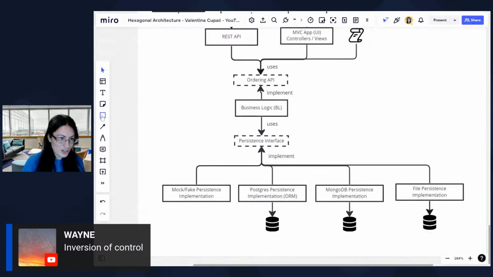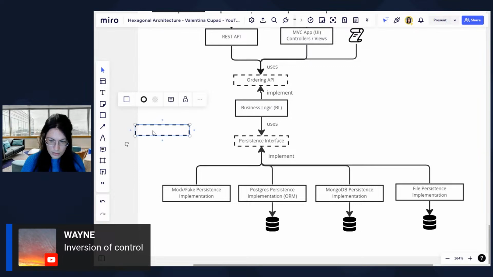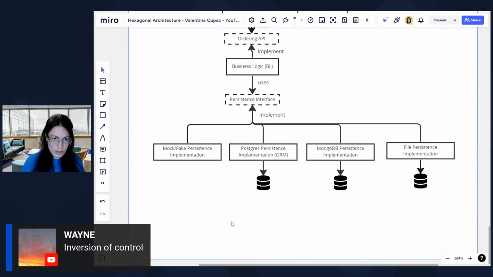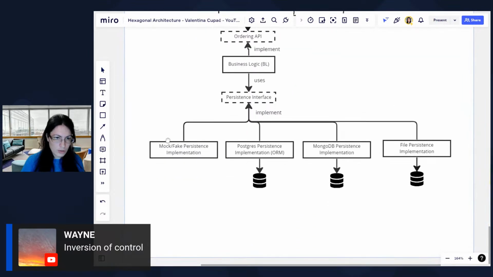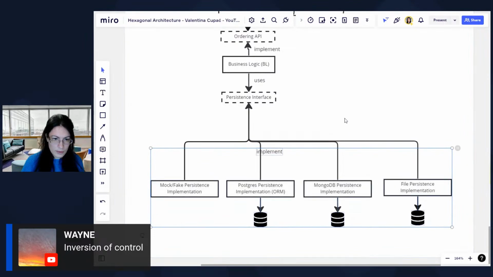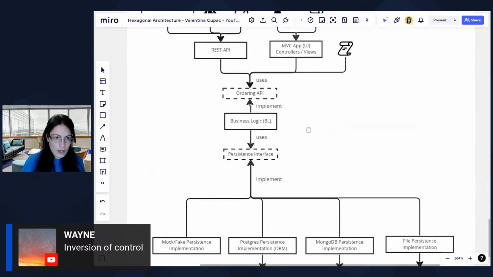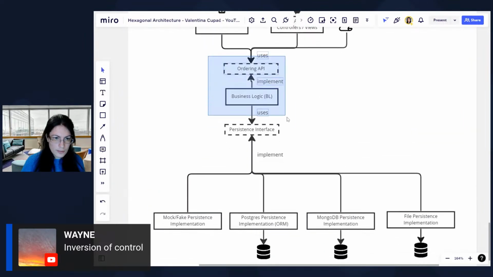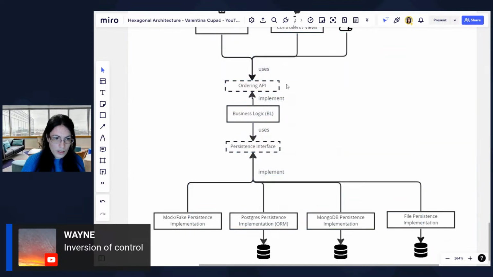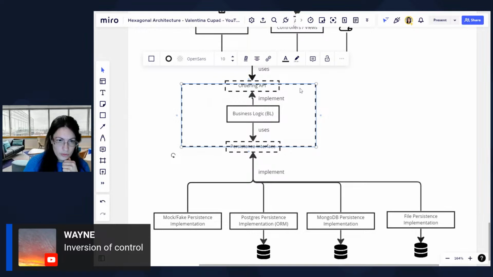So since I mentioned that comment, I do want to add something here just to distinguish the grouping of everything. Let me see. We end up with this kind of grouping.